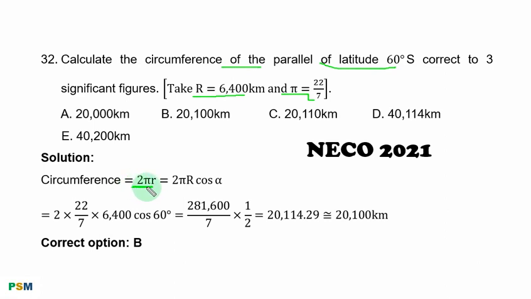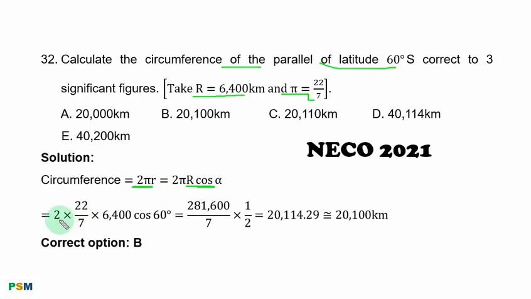In this context, the small r is the radius of parallel of latitude given as the product of the radius of the earth times the cosine of the angle of latitude.